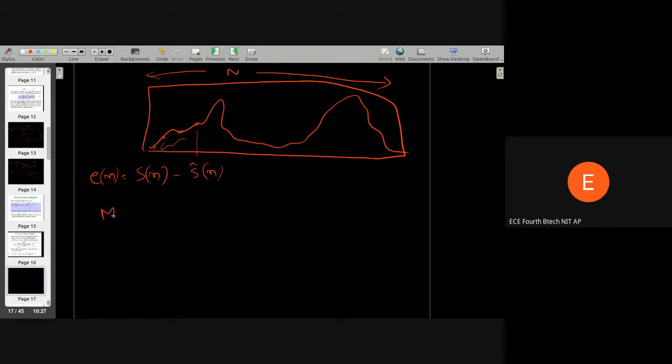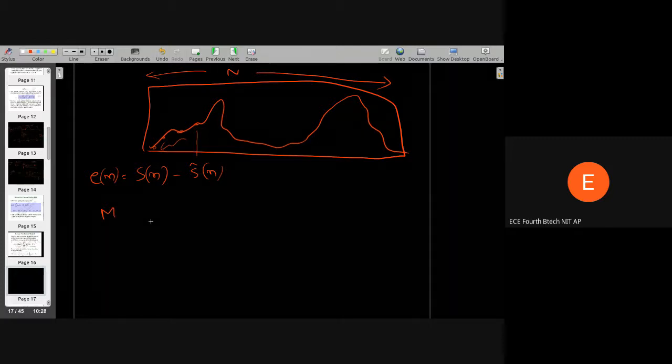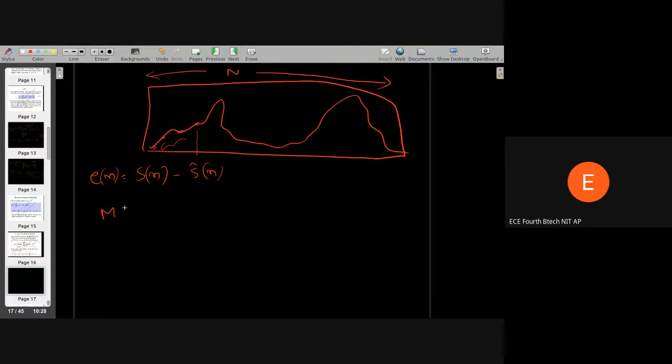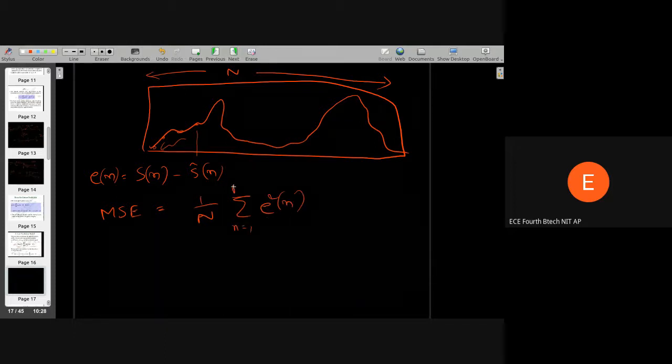The mean square error will be 1 by N times the sum of the squared errors. This 1 by N serves no purpose, because we will do frame by frame analysis, all the frames will be of the same length, and this is a constant.